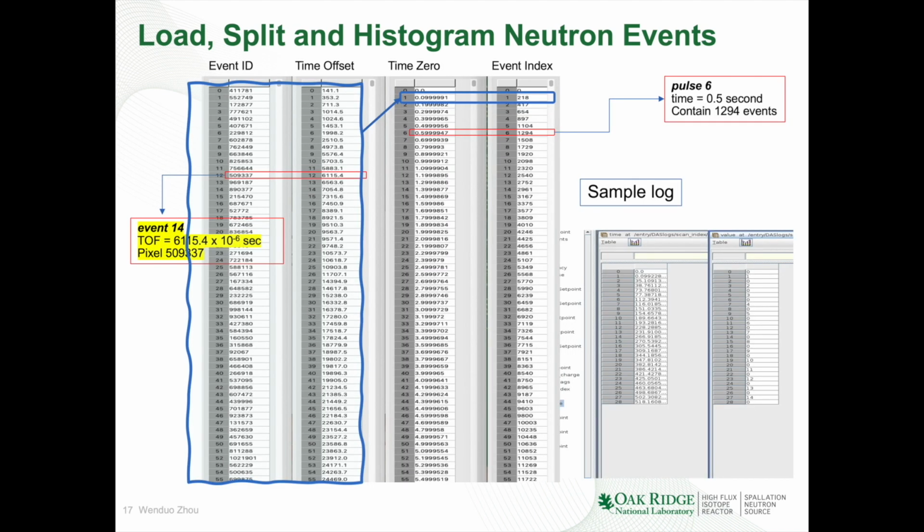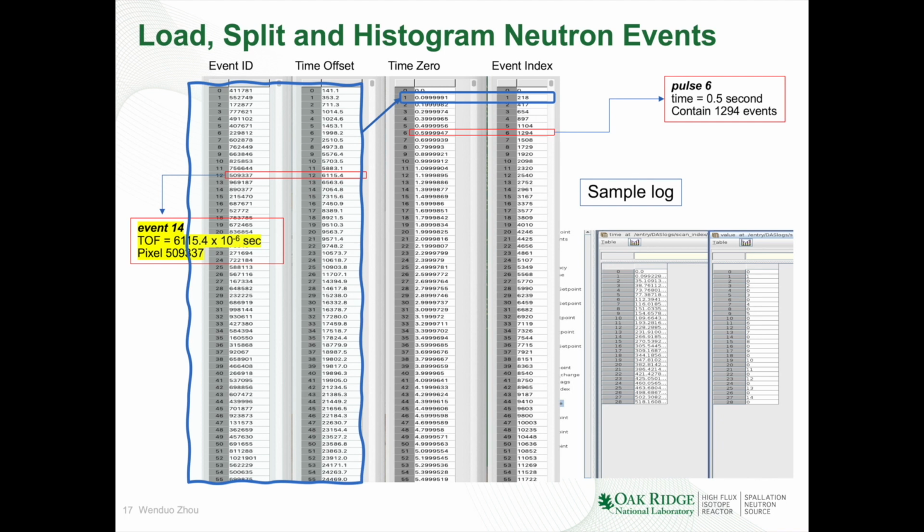This is an example if we look at the NeXus file, which is in HDF5 format. Combining the event ID and the offset of the time, it is a description of a neutron event. For example, the 14th event has a time of flight, which means the time flying from the neutron source to the detector, of about 6,000 times 10 to the minus 6 seconds, and is detected on pixel 509337.